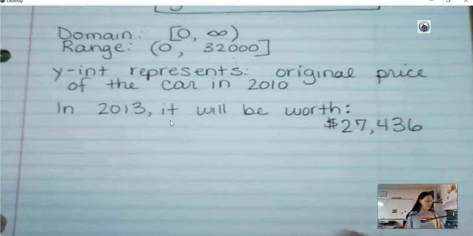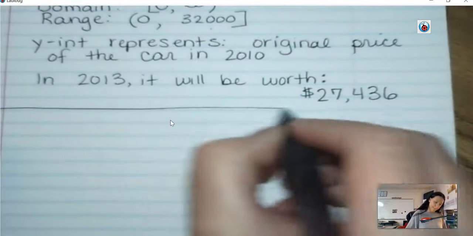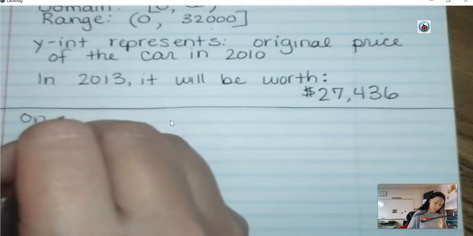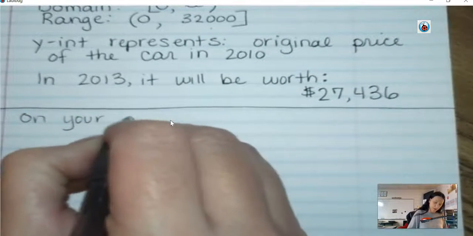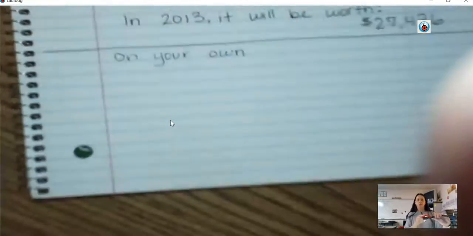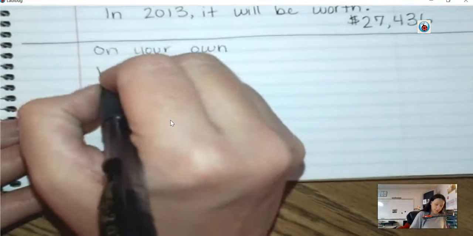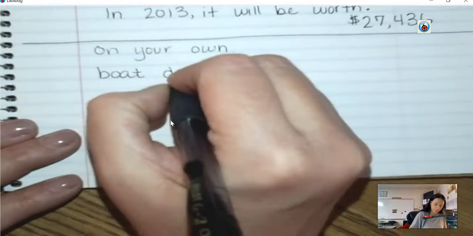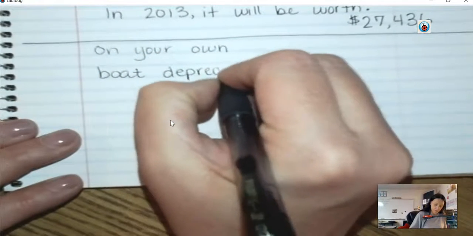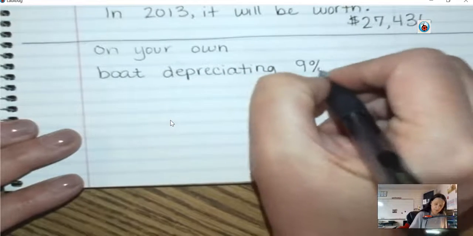Okay, this one we have a boat. And boats are just like cars. They go down in value every year. The boat is depreciating 9% per year.